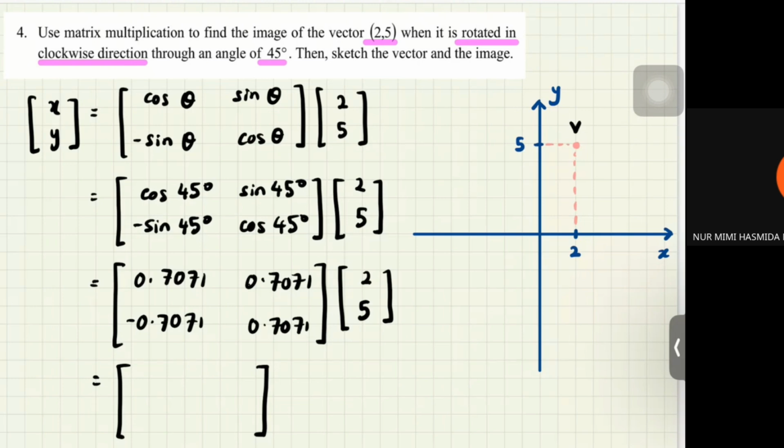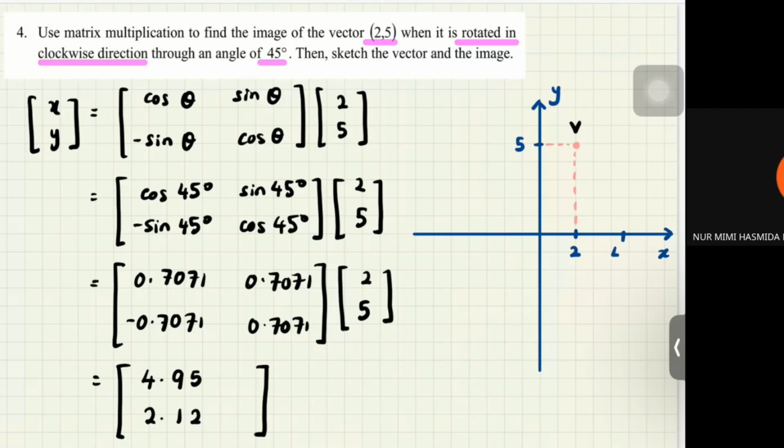So your x will be 4.95 and your y will be 2.12. Okay, so now let's sketch the values.